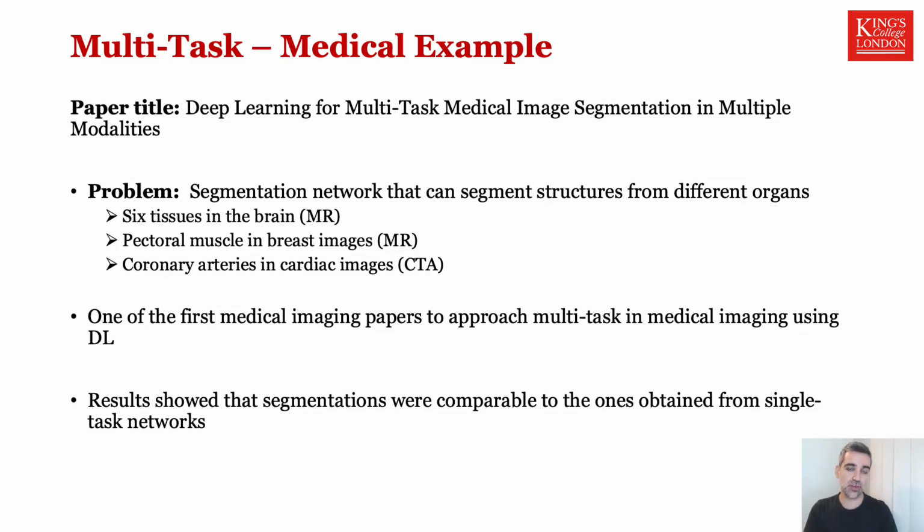So if you're trying to train 3 different object segmentation networks at the same time, and some of the features are shared, then the network is going to be able to use some of the representations, for example the brain tissues, to help segment the pectoral muscle in breast images a little bit better. And the results that they got in the end were that the segmentations were comparable to the ones that were trained on single networks, which is a little bit of a negative outcome in the end.